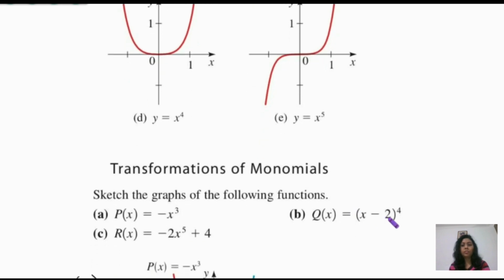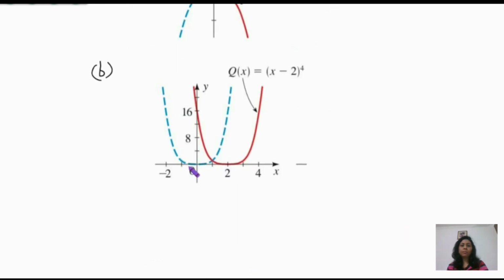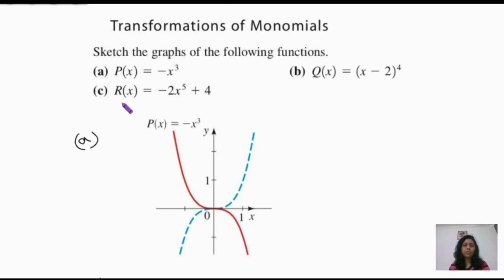So (x minus 2) to the power 4 means this graph shifts 2 units to the right. So x to the power 4 is this type of graph, and this shifts 2 units right, so this red one.